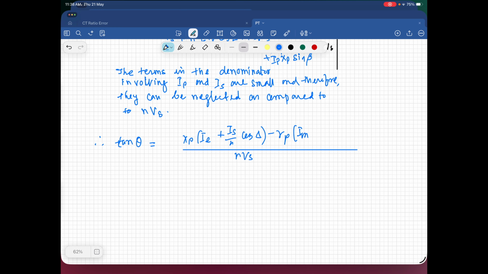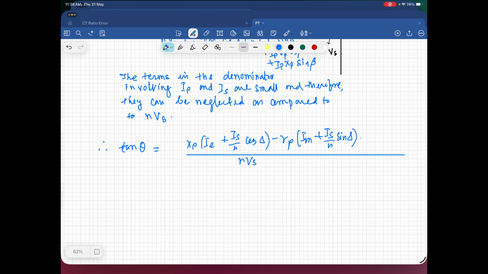So in this expression, what I have done, Ip cos beta is equal to Ie plus N Is, Ip plus Is by N cos delta. And in case of Ip sin beta, what I have written, Im plus Is by N sin delta. Rest are same.